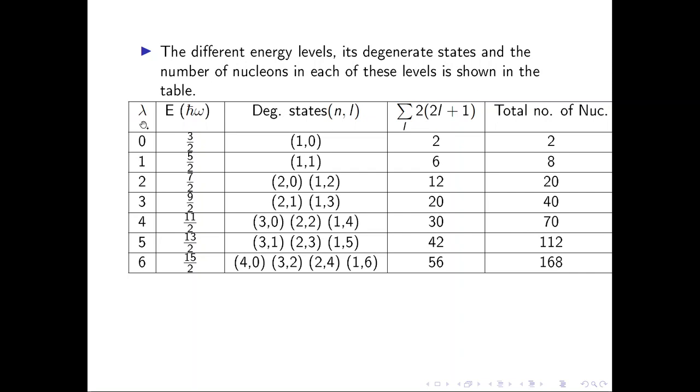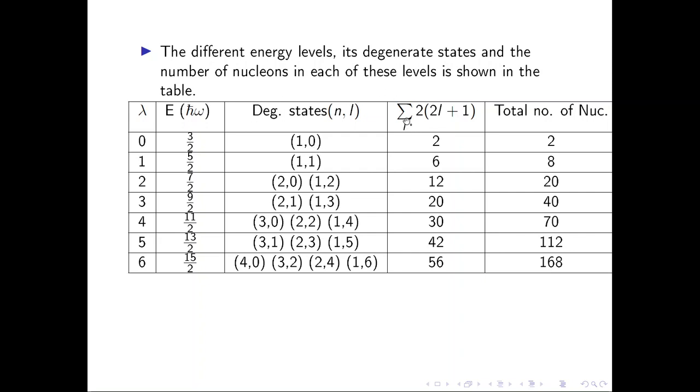The different energy values depend upon the value of lambda. Lambda can be 0, 1, 2, 3, 4, 5, 6. When lambda is 0, E is 3/2 ħω. Now what are the different combinations of n and l that can give lambda equal to 0? There is only one combination, n is 1 and l is 0.